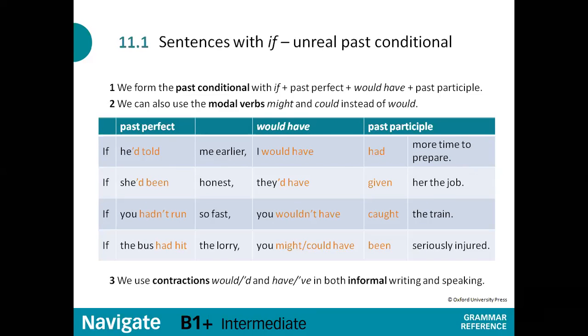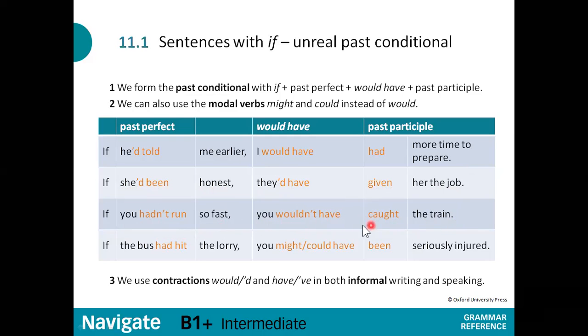Next. If she had been honest, they'd have given her the job. But she wasn't honest, and that's why they didn't give her the job. Next sentence. If you hadn't run so fast, you wouldn't have caught the train.